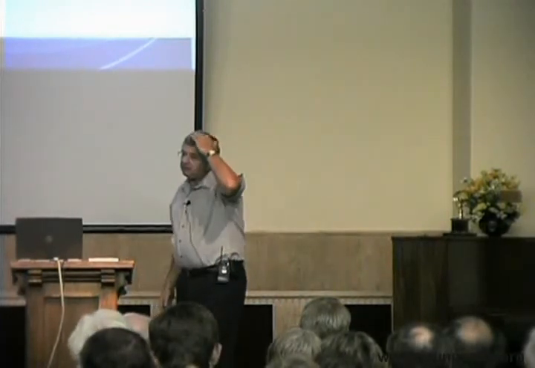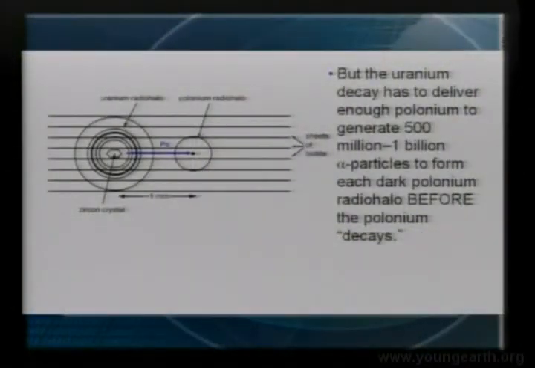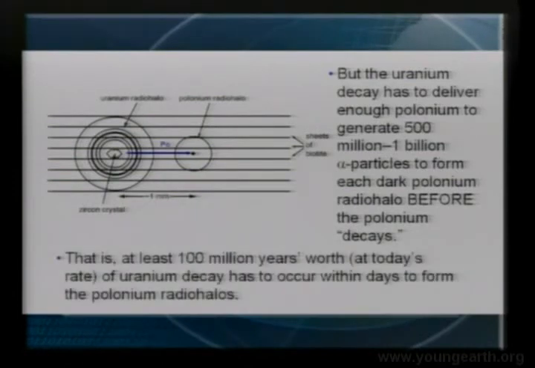The uranium, but remember, the uranium decay has to deliver enough polonium to generate 500 million to 1 billion alpha particles to form each dark polonium radiohalo before the polonium decays. So you've got to transfer that much polonium from the zircon crystal across to form a polonium radiohalo nearby.